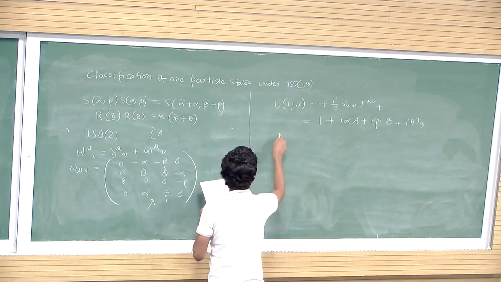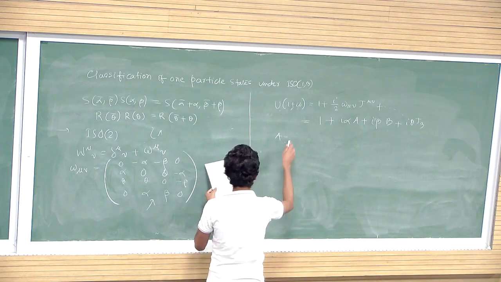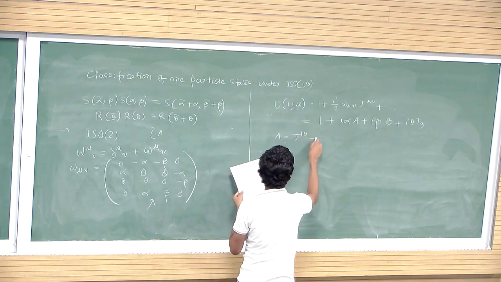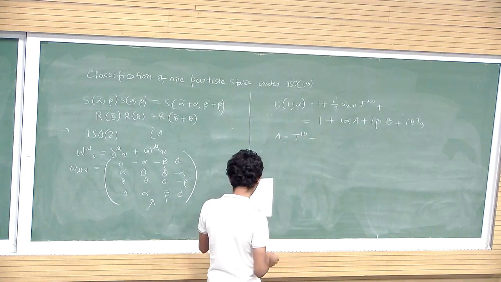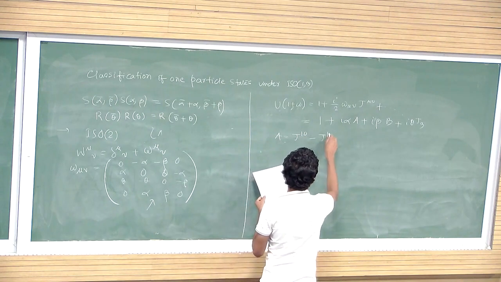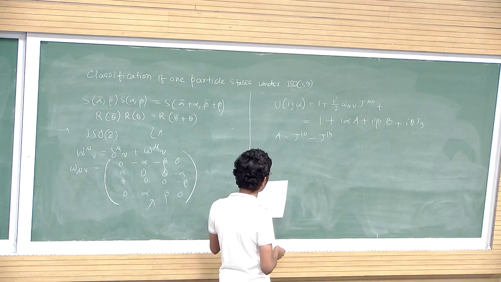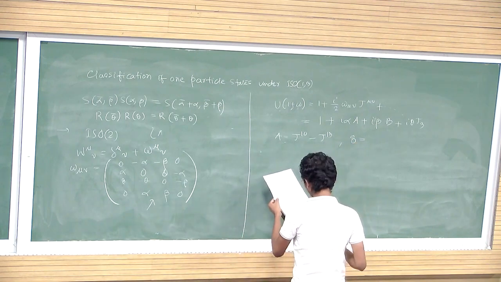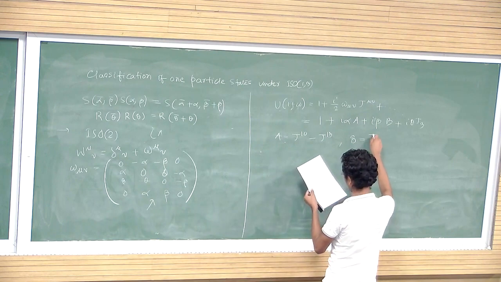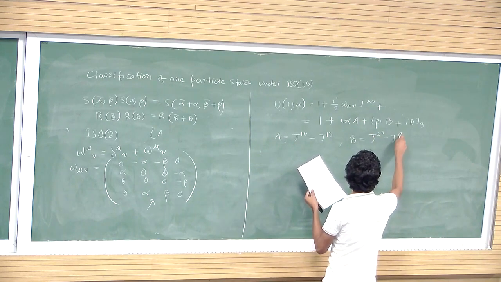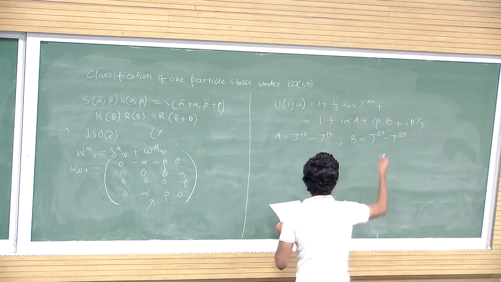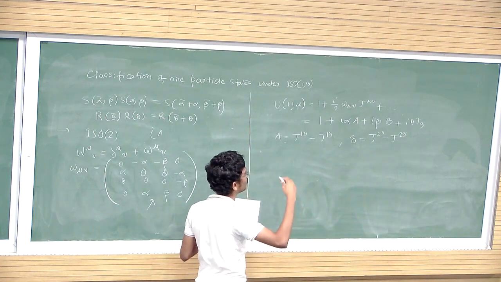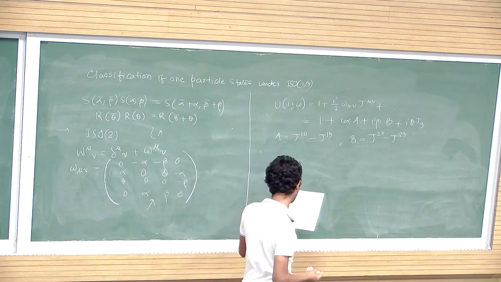But this A is given by J10, which is the boost in the first direction, minus J13, which is the rotation in the 13 plane, and this B is given by J20 minus J23, and this J3 is the J12 basically, the rotation around the third axis. Okay.